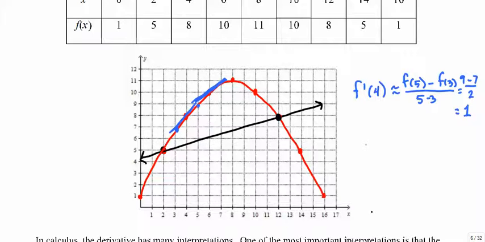All right, now we can do the same thing for the slope at 6. So we pick a point just to the right and a point just to the left. We calculate that slope. So on the bottom is 2. The value at 7 is, I can't read it, so I don't know.